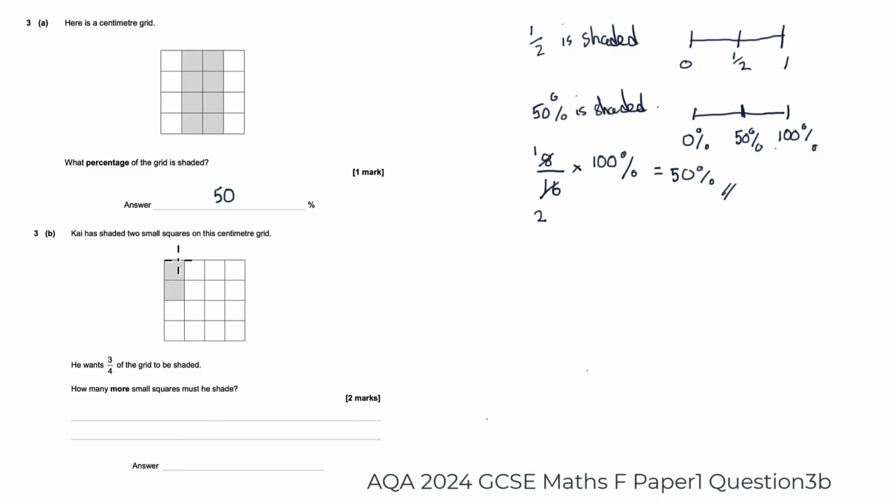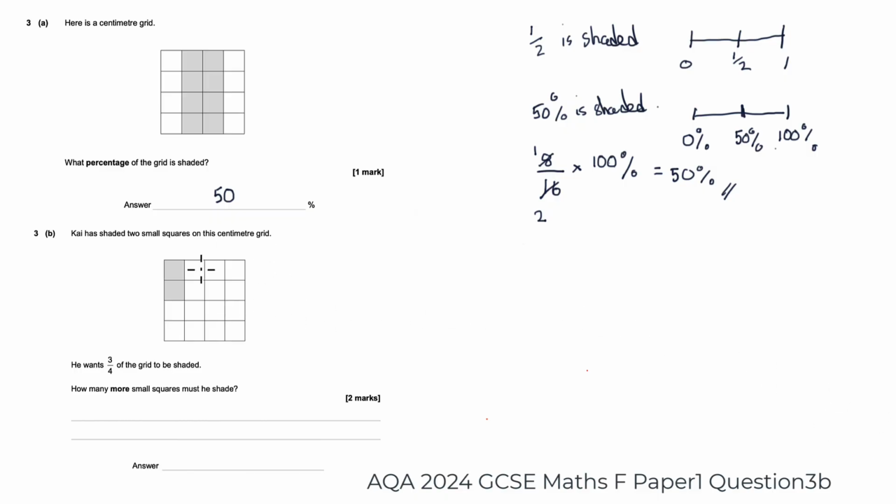So let's think about columns. There's other ways of doing it, but let's think about columns. Each column is 1/4. So he's wanting to shade the first 3 columns. That would be 3/4 of the grid.